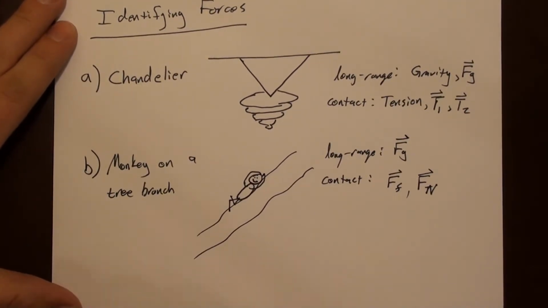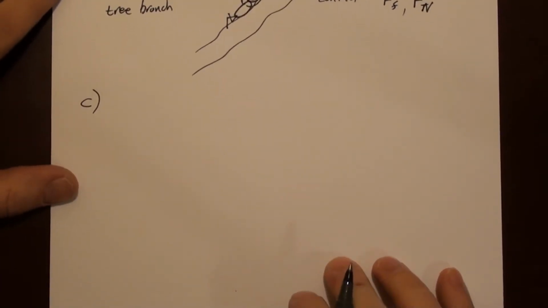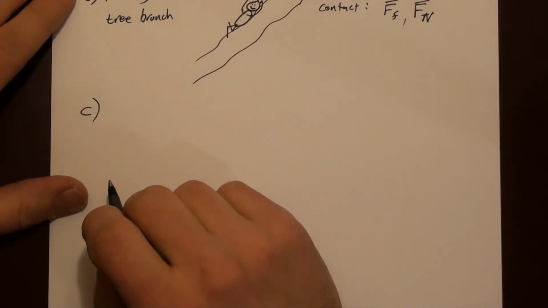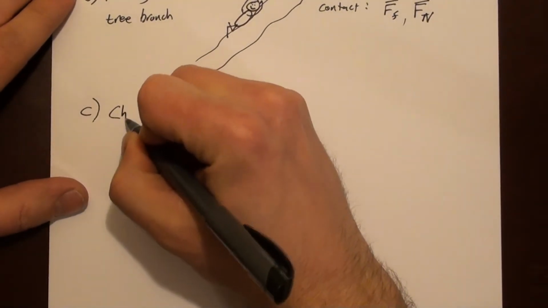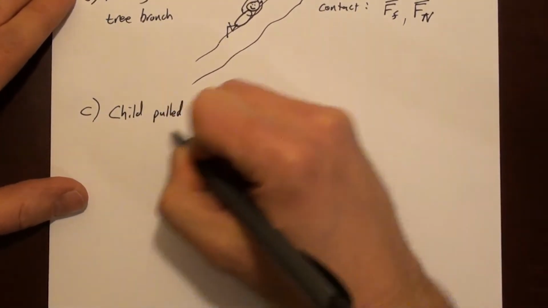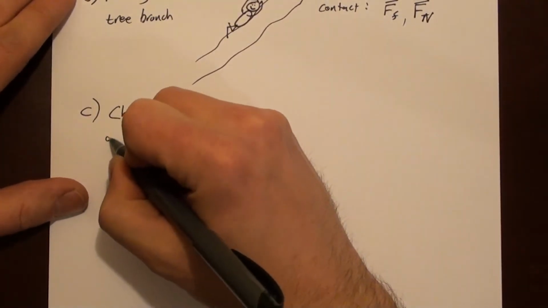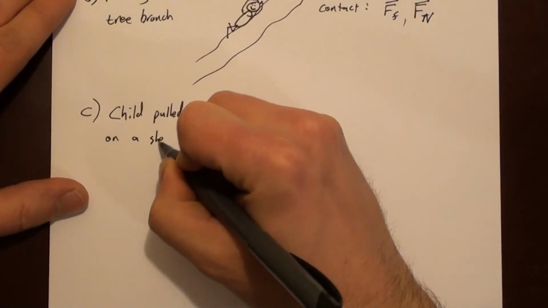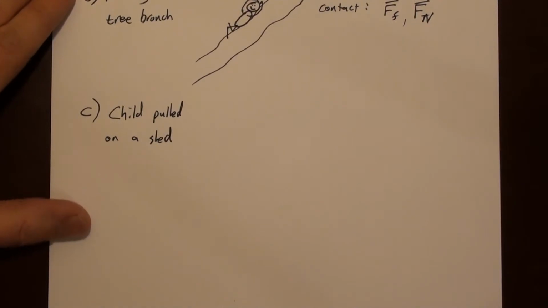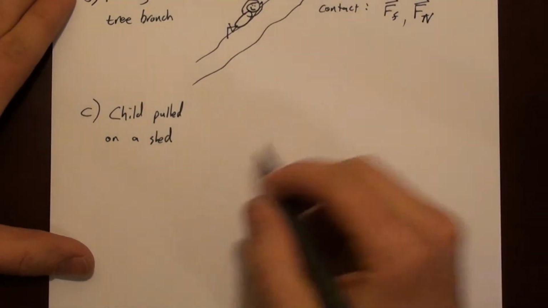And let's do one more, A, B, and C. Let's say we have a child pulled on a sled. Okay, and let's put him on an incline as well.